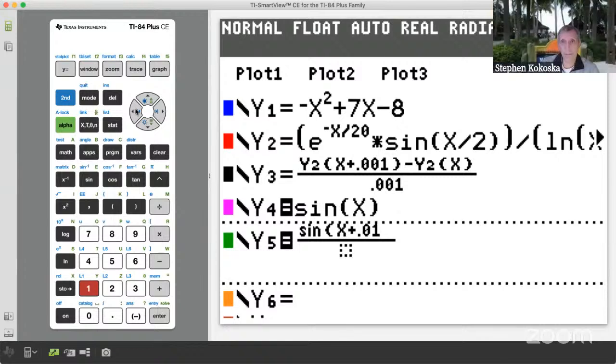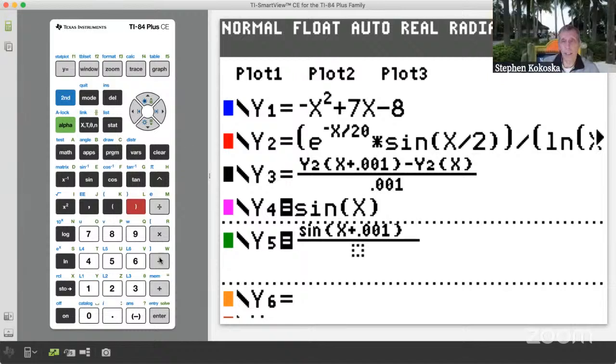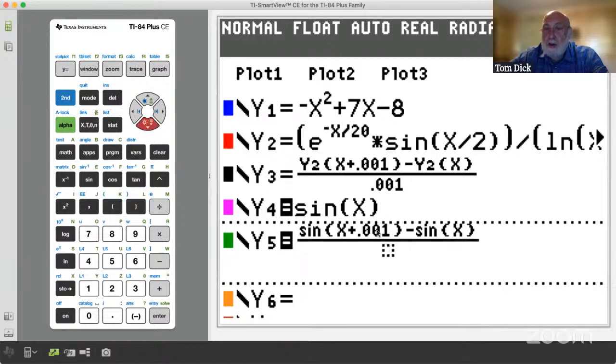Oops. Well, that'll work too, but that's all right. That's good. Oh, did you have a different suggestion on that? No, that's fine. That's great. And then just minus sine of x. Right. And divide by our difference of our x values, which is just the 0.001.